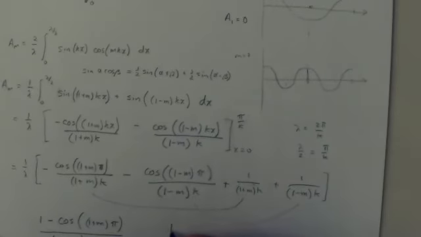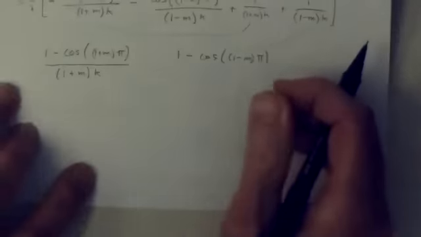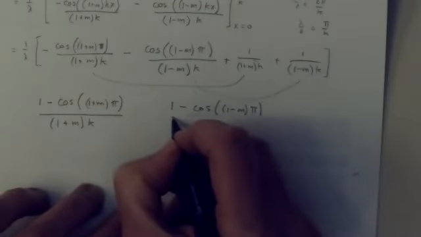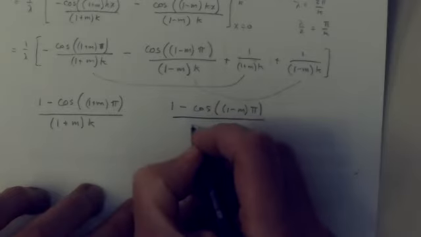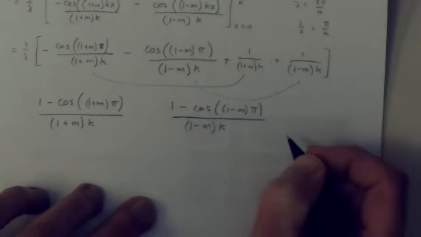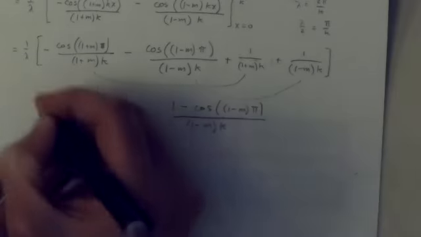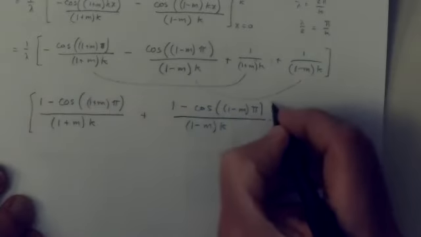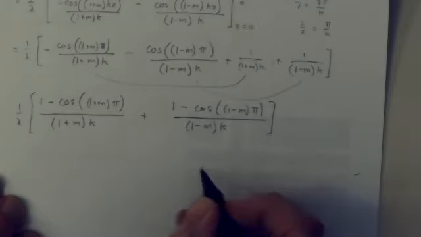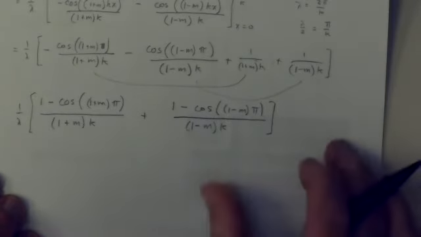And then over here would be 1 minus the cosine of 1 minus m pi. All of this divided by 1 minus m times k. And this is with a 1 over lambda out here, which will get rid of this k that's inside.